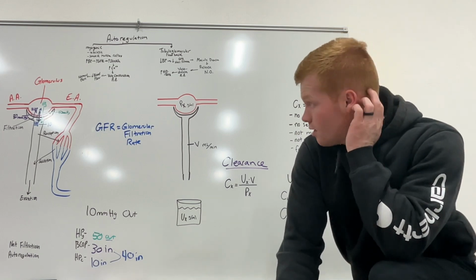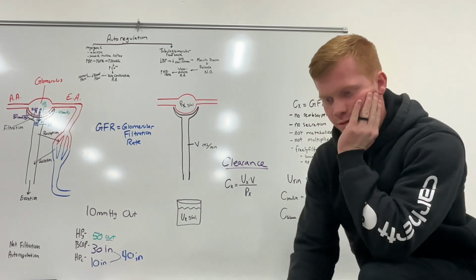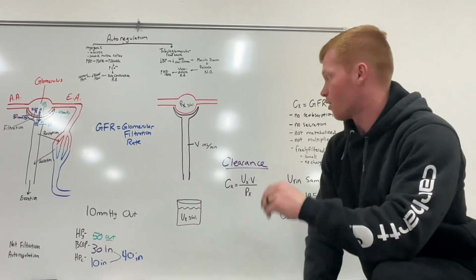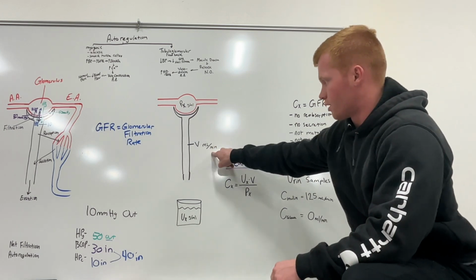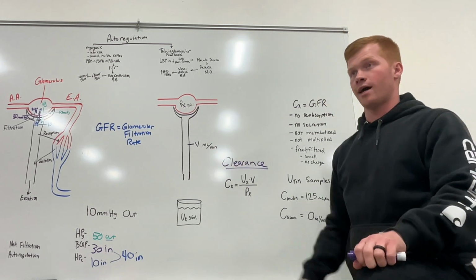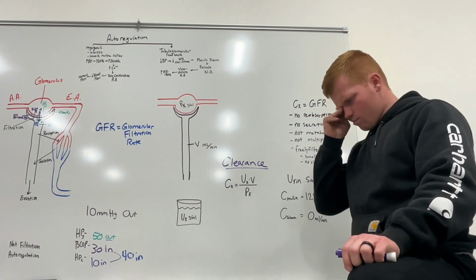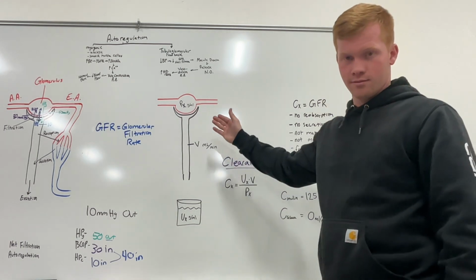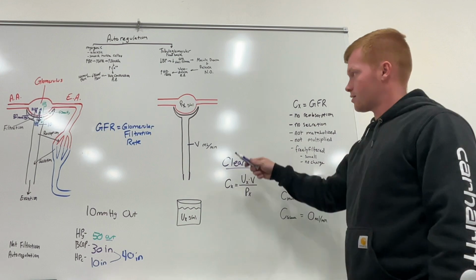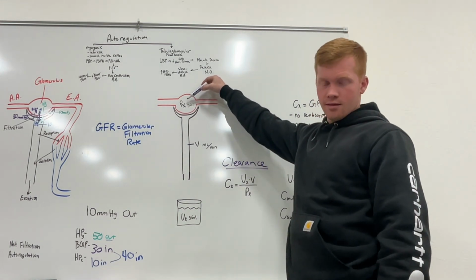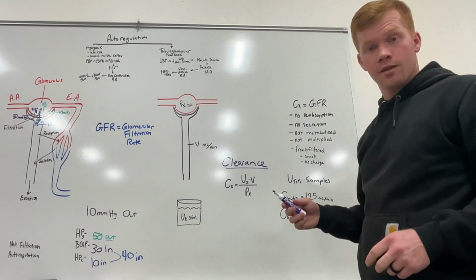So if you're keeping track of someone's pee for a whole hour, and let's say it's 25 milliliters, well, it's 25 milliliters divided by 60. That would give us whatever that is per minute. Or let's just say it's 60 milliliters, that'd be 1 milliliter per minute. P of X, that is the concentration of the substance in the plasma or in the blood.